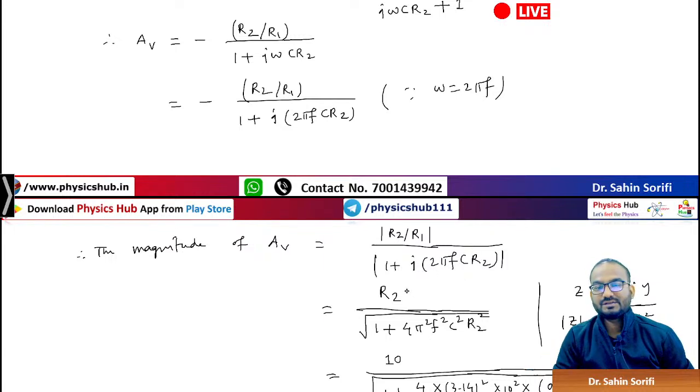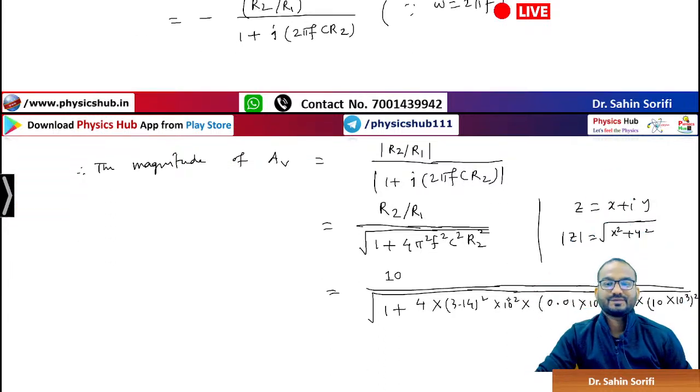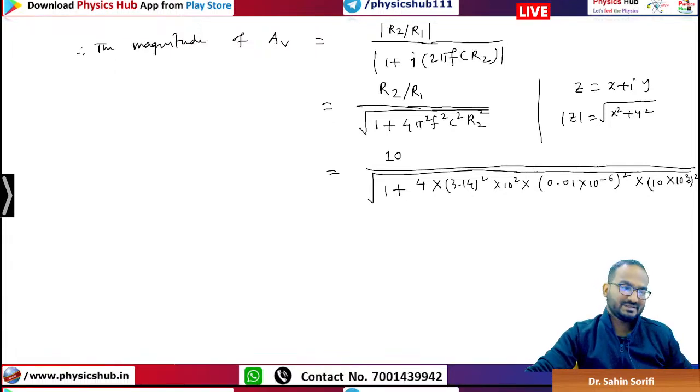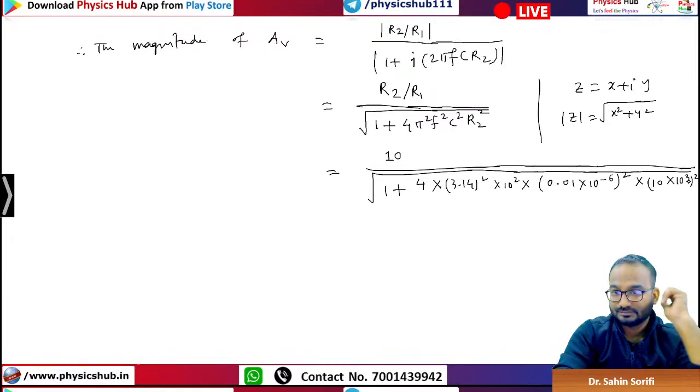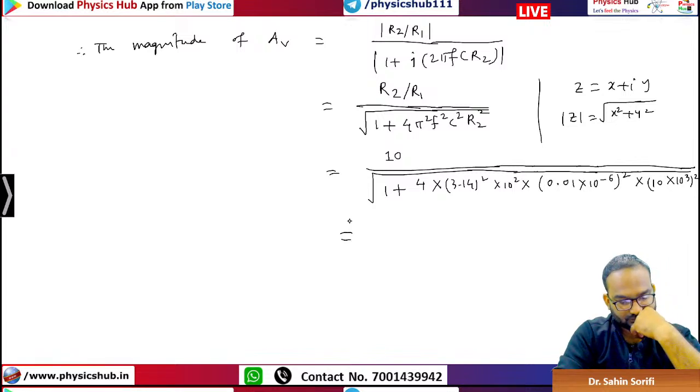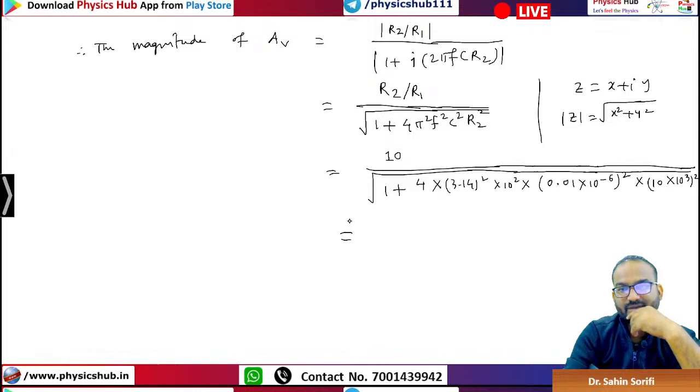So the actual reason is, when I am putting it here, R2 by R1, 10 kilo ohm by 1 kilo ohm, that is 10. And here we have just put 10 kilo ohm. Is this confusion clear? Or you did not just notice this? Tell me, what magnitude are you getting?